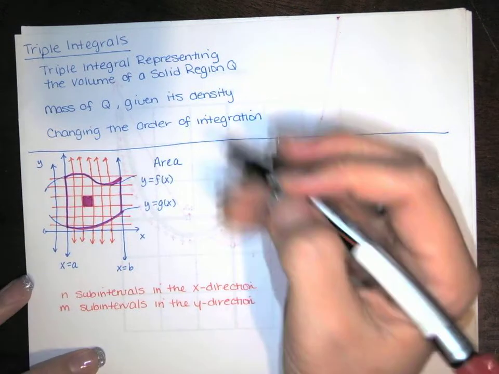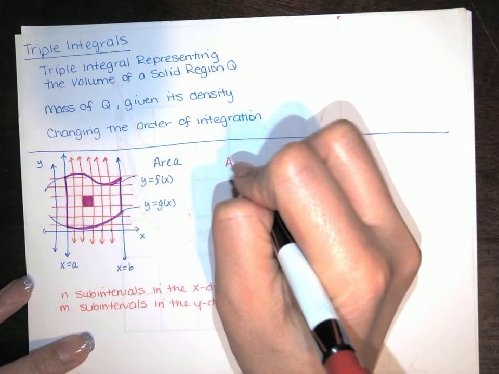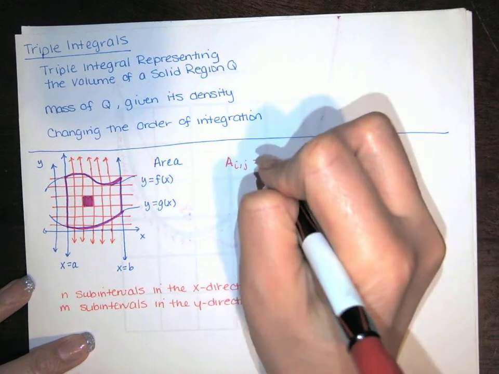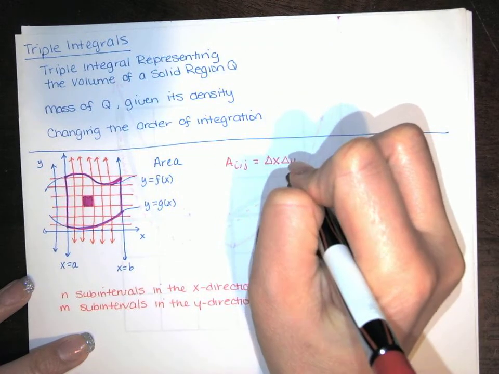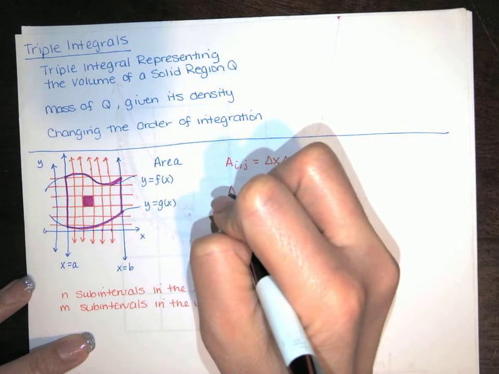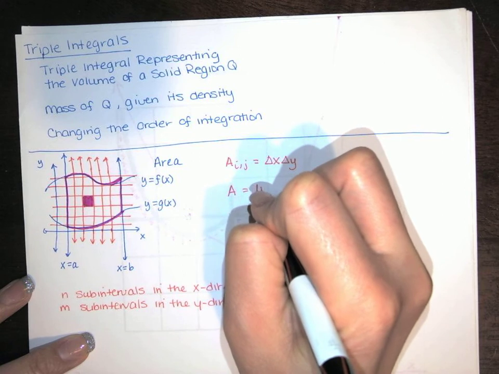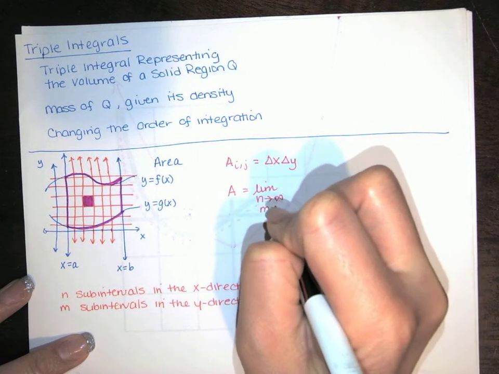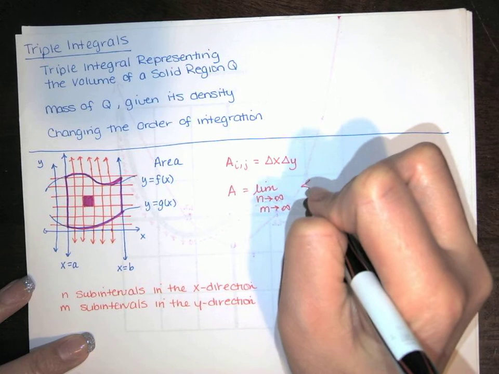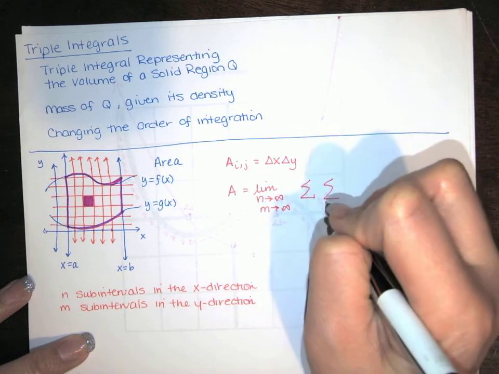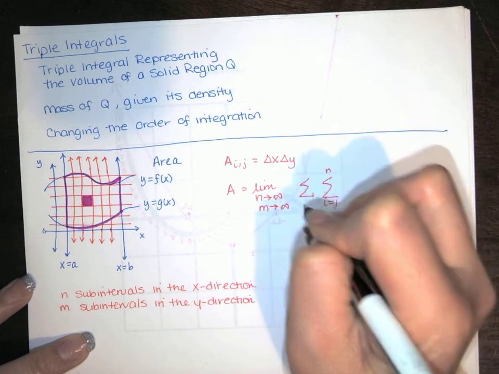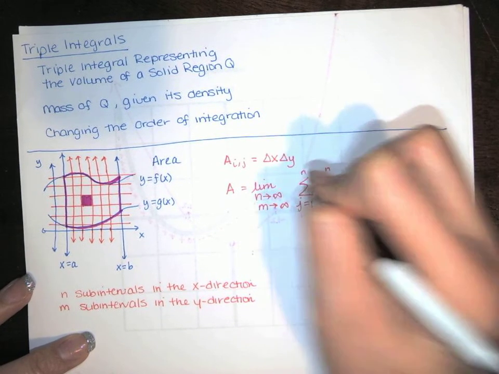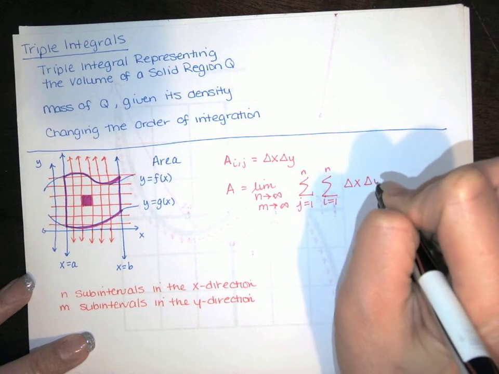The area of the ijth rectangle is just delta x times delta y. So the total area is equal to the limit as the number of rectangles in the x direction and y direction go to infinity of the double sum as i goes from 1 to n and as j goes from 1 to m of delta x times delta y.